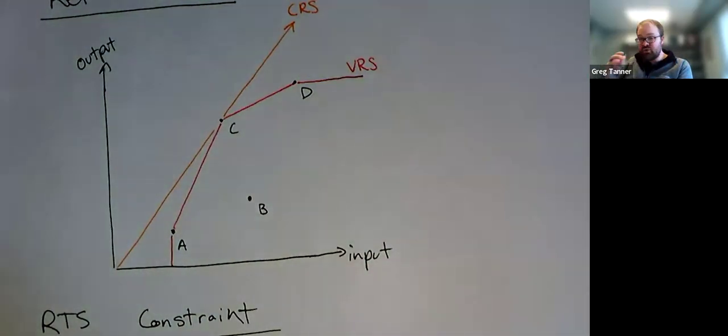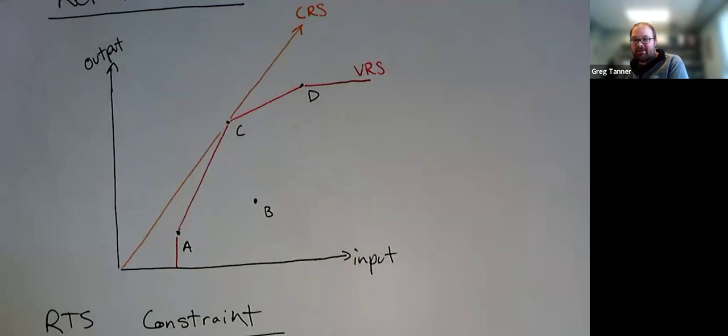And so when you choose variable returns to scale, you're going to end up with more DMUs that get counted as being the most efficient, because you can now be efficient by having a really good ratio of outputs to inputs, or by being very small, or by being very large, and still being relatively good in your ratios.